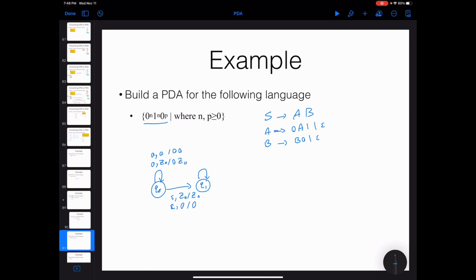So that's going to be 1, and the top of the stack is 0, pop it. Only pop if the top of the stack is 0. It's just like we have pushed all the zeros, all the beginning zeros, to the stack in Q0, and then in Q1 we have popped all the zeros corresponding to the ones that we are reading, and then we can move.